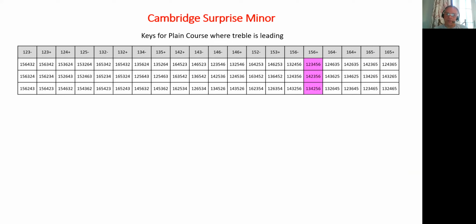And if you can remember from last time, what I basically said was that each of these keys has got 3 possible values. And in the plain course, we rang one of those possible values. But in each case, the other 2 values for each key can be rung by starting from a different course head. So a different course head that still has the key 156 plus.